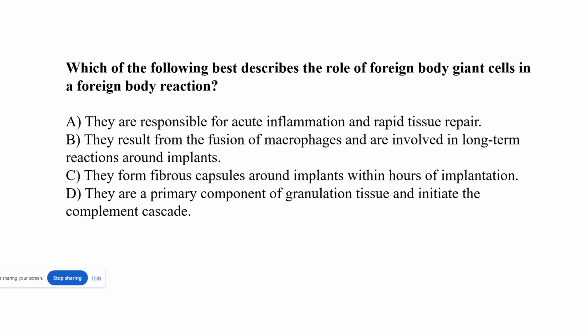Okay. Here is one more question. Which of the following best describes the role of foreign body giant cells in a foreign body reaction?